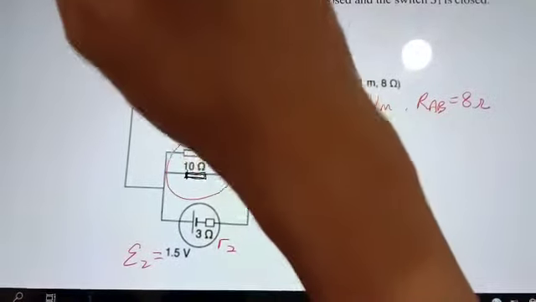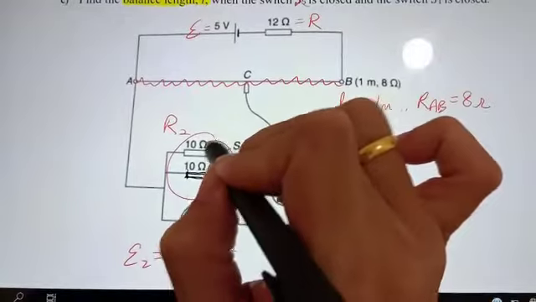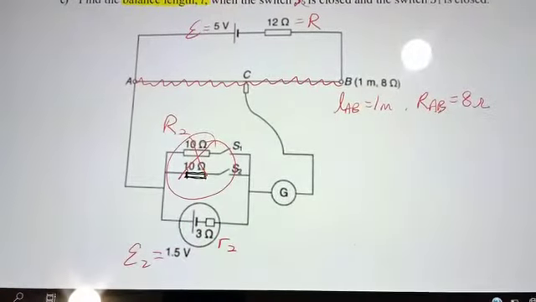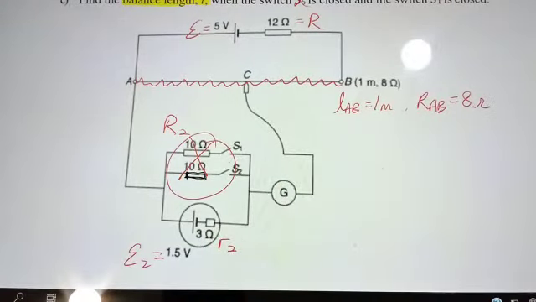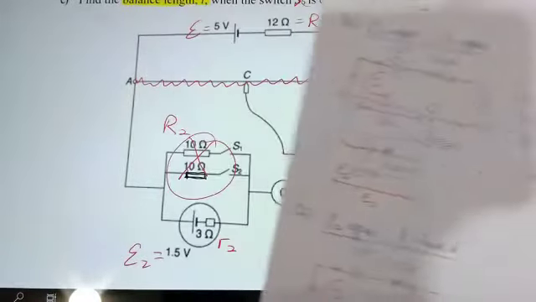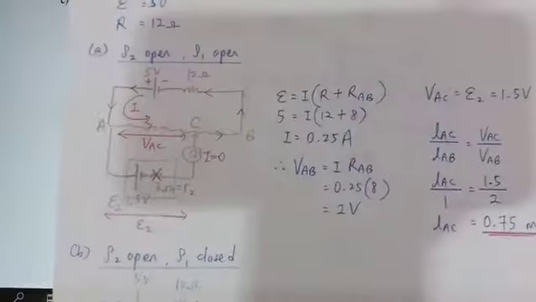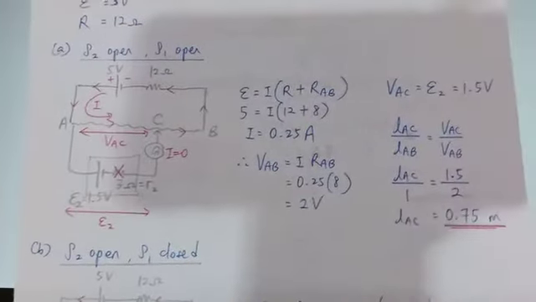So we can say these two are actually not there, not connected because both are open. So you must redraw the diagram, and it becomes something like this.